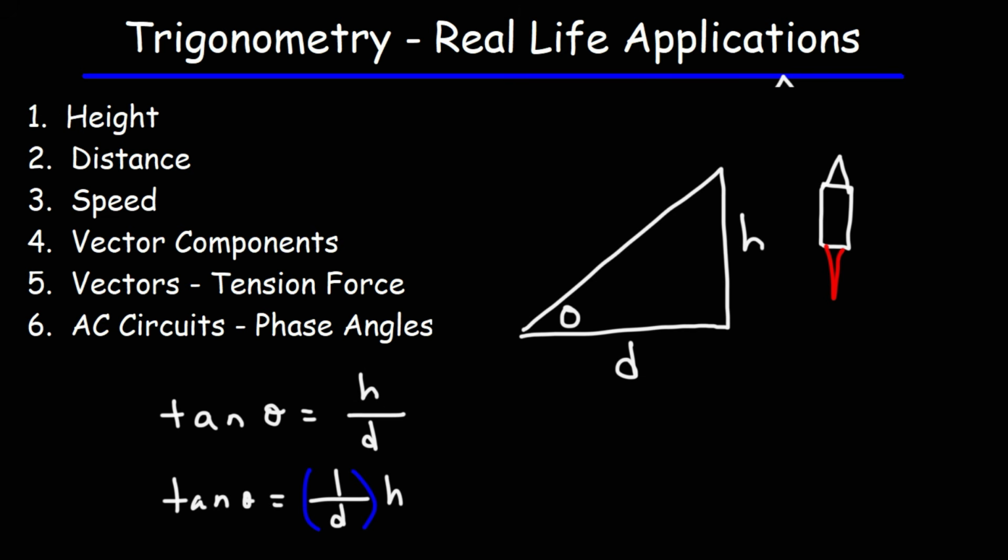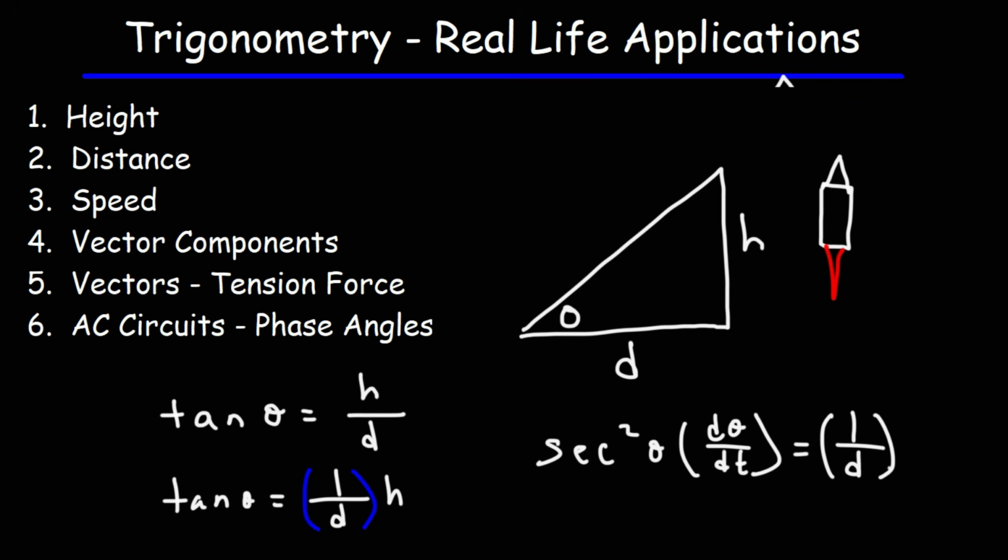The derivative of tangent theta is secant squared theta, and then you need to differentiate the angle theta, which is 1, times d theta dt. 1 over d is a constant, so we're simply going to rewrite that. Now we need to differentiate h with respect to time.